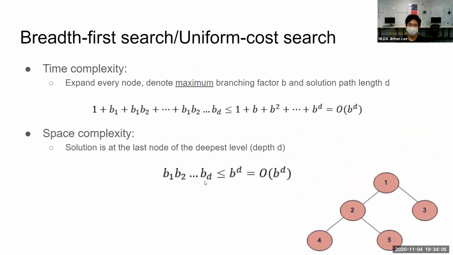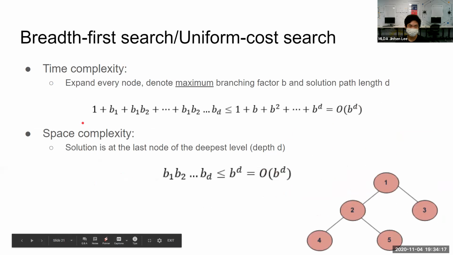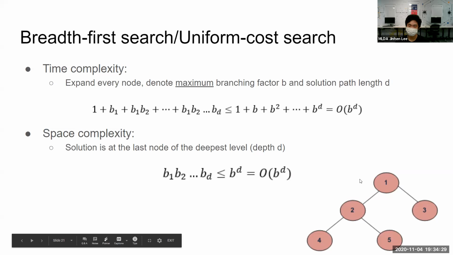And I'll briefly cover the time complexity and explain what this means. So for time complexity, the worst case is your solution is actually the last one to be expanded. So you have to expand every single node. And the first level is only the root, so that's this one here. And the first layer will expand into another B subscript 1 nodes. So this makes B1.